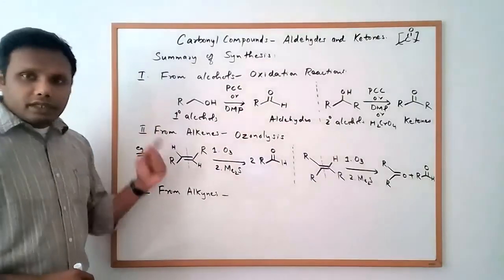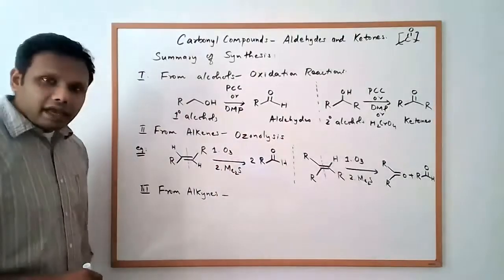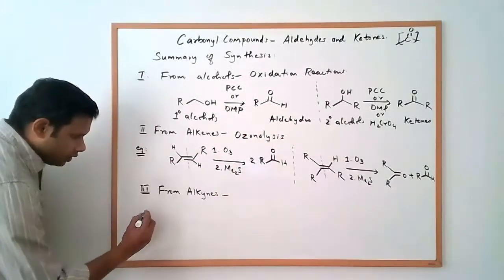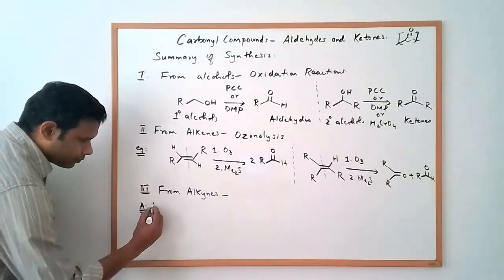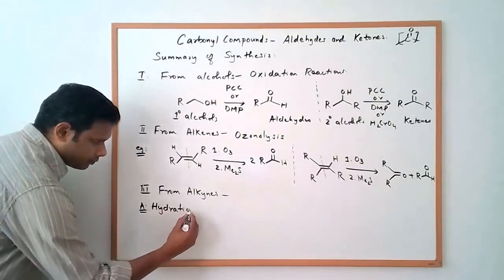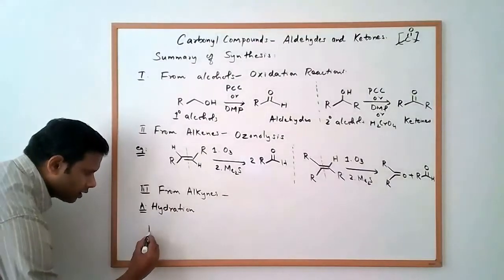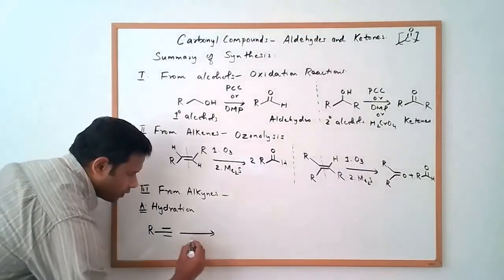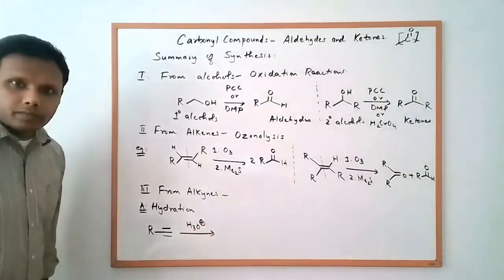Finally, carbonyl compounds, aldehydes and ketones, these can also be made from alkynes. This is through the hydration reaction. So we do a hydration on a terminal alkyne.